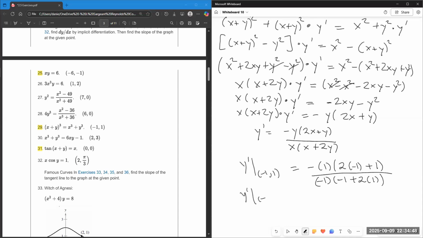So y prime at negative 1, 1 is, negative 1 goes away, negative 2 plus 1 over negative 1 times negative 1 plus 2. These negatives will cancel each other out. Negative 2 plus 1 is negative 1. 2 minus 1 is 1. And we should have a slope of negative 1.